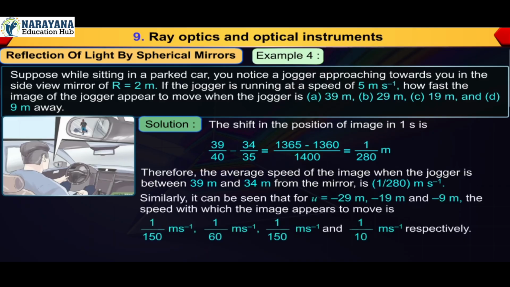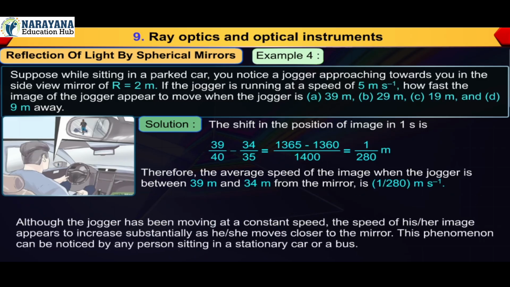Similarly, it can be seen that for u = -29 meter, -19 meter and -9 meter, the speed with which the image appears to move is 1/150 meter per second, 1/60 meter per second and 1/10 meter per second respectively.